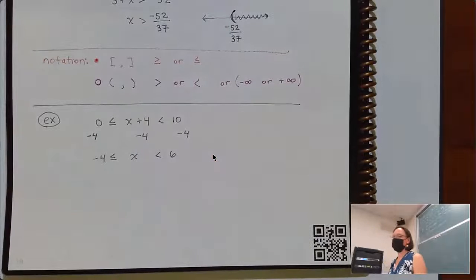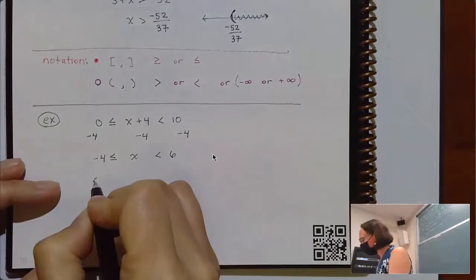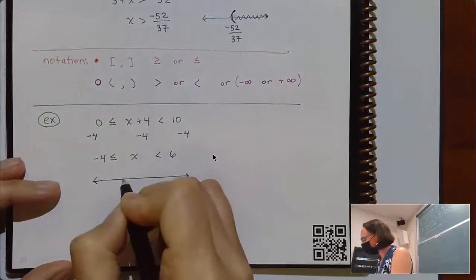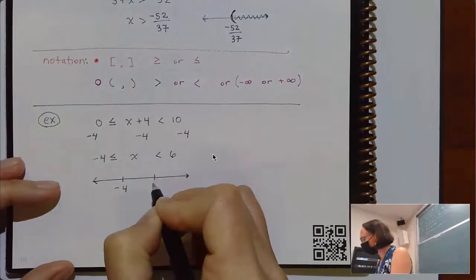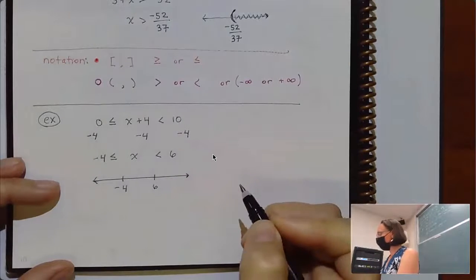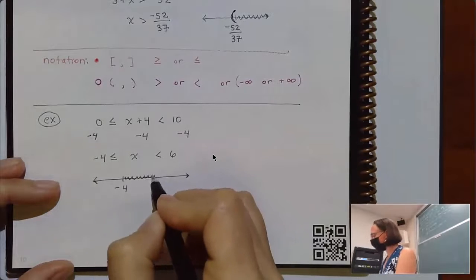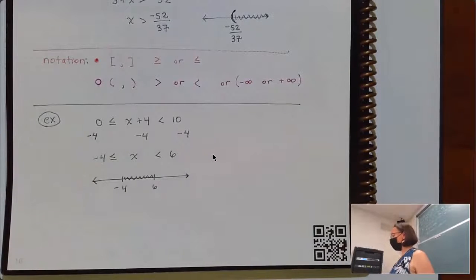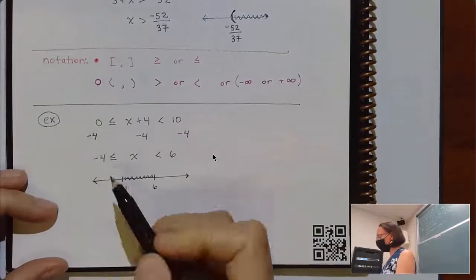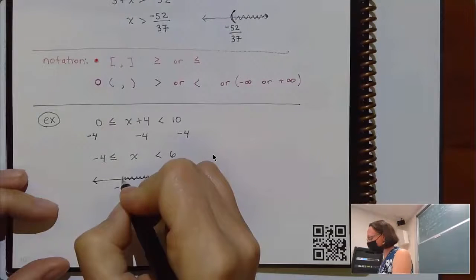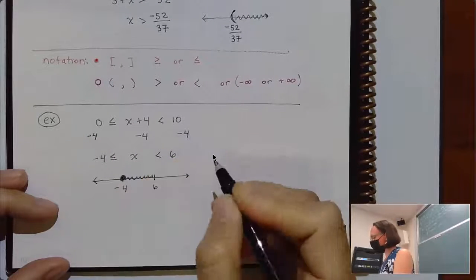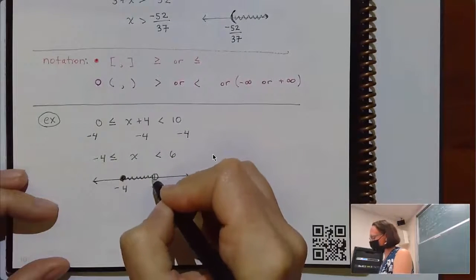So if I were graphing this, my number line needs 2 pieces. I need a -4 and a 6. And x is in between the two. And then I somehow need to show that I do want to include the -4. So I'll go ahead and use a closed circle, but I do not want to include the 6.